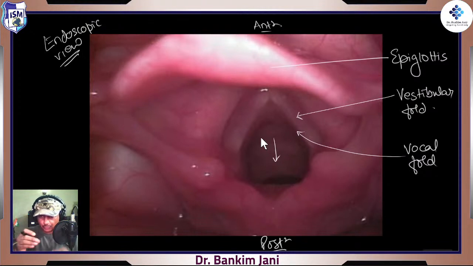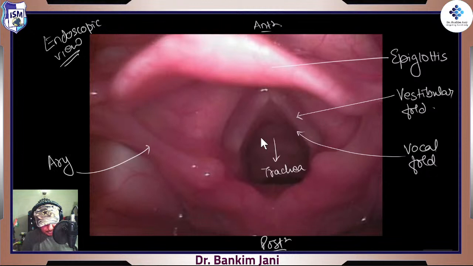So there will be folds, and then this is the entire space which is going into the trachea, right? Similarly, over here, this would be the aryepiglottic fold.